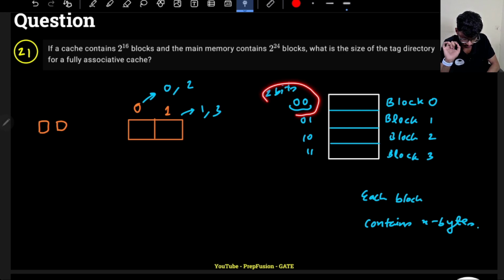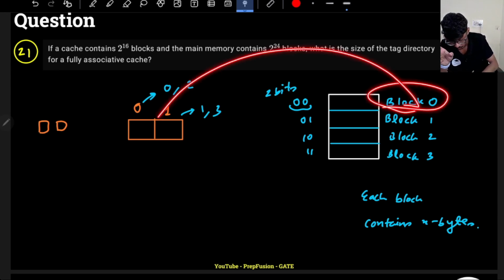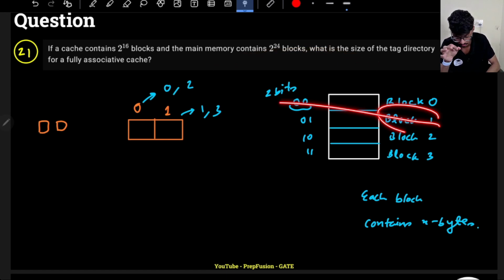If it was, let's say, 8, then how many bits would it have been? 3 bits, because each block needs a unique identifier known as the block number. So in a fully associative memory, the tag bits will be the whole block number.